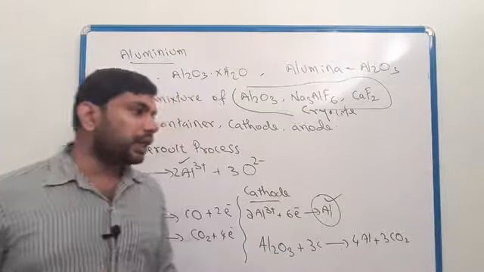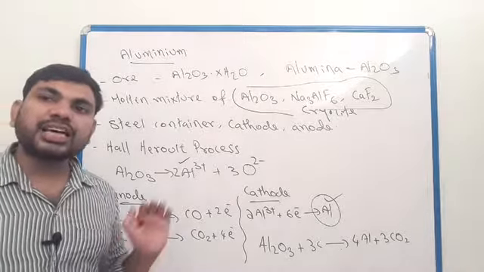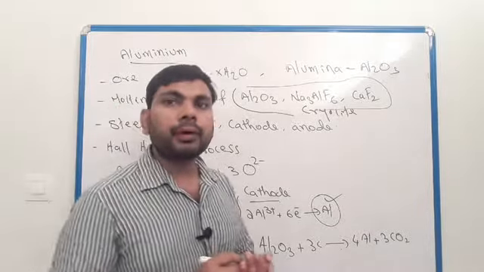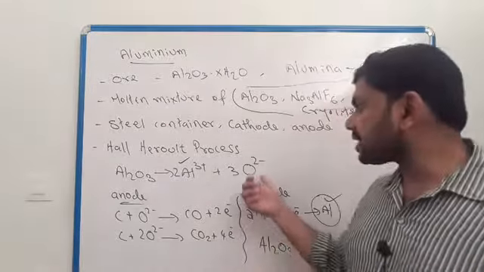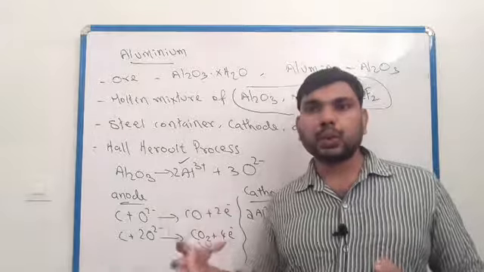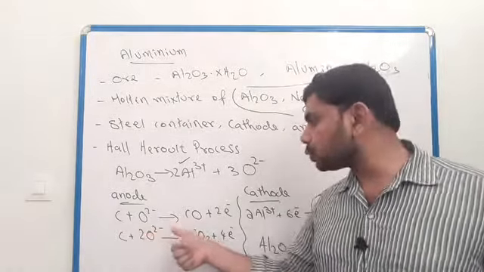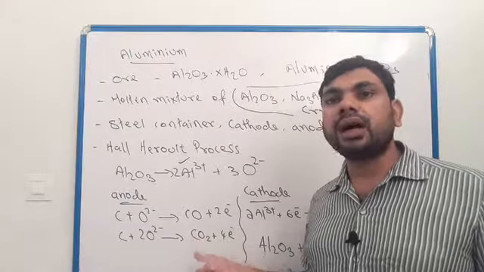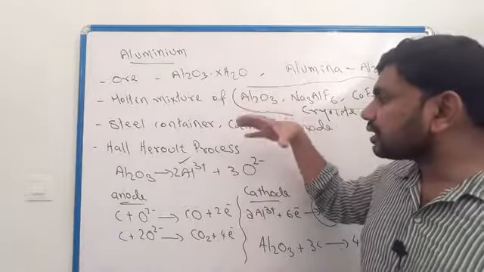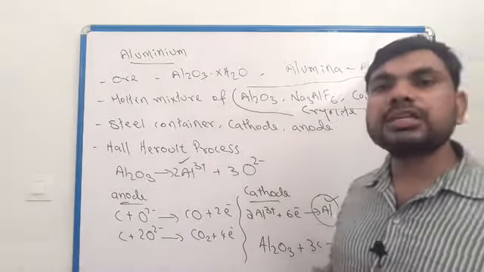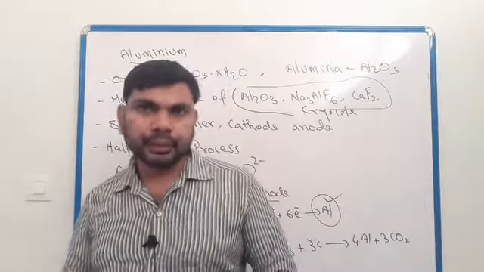Also, oxygen gas will be liberated at the anode, which as I told you is made of carbon. The oxygen gas reacts with the carbon anode and produces carbon monoxide and carbon dioxide. So these are the different chemical reactions taking place during extraction of aluminium.